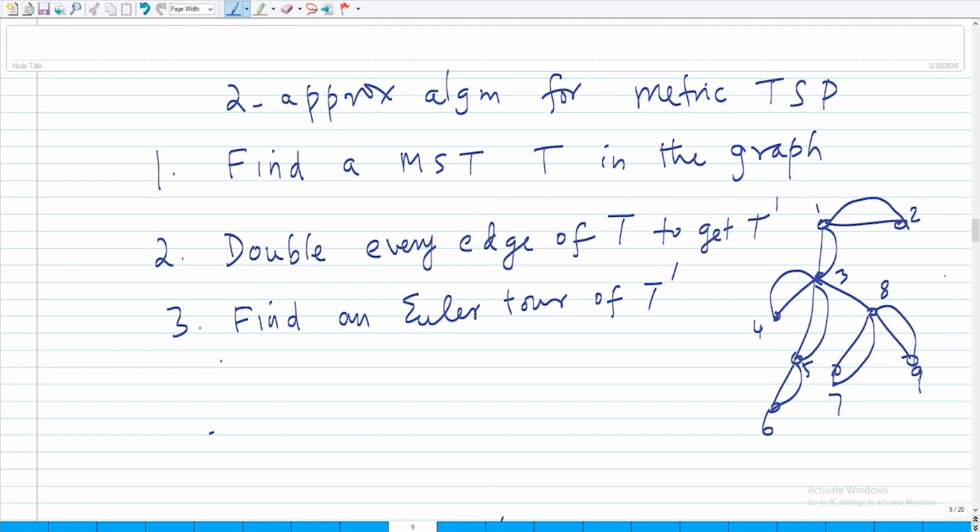There are 9 vertices here. So, can somebody give me an Euler tour? I start from 1, go to 2, come back to 1, go to 3, 4, come back to 3, okay, I have to double this, and then maybe 5, 6, 5, 3, 8, 7, 8, 9, 8, 3, 1.